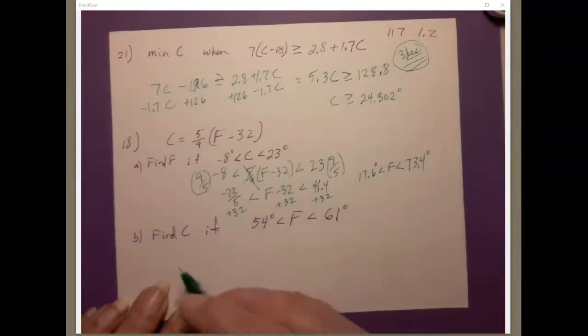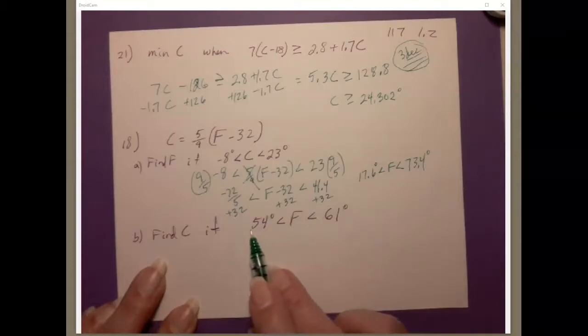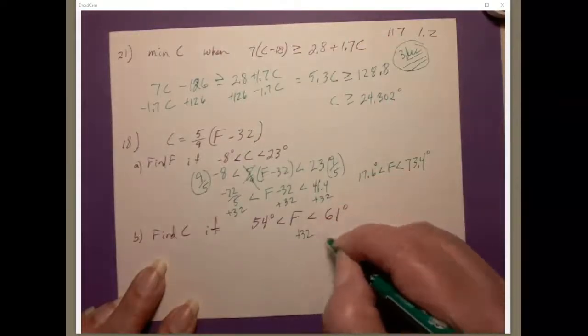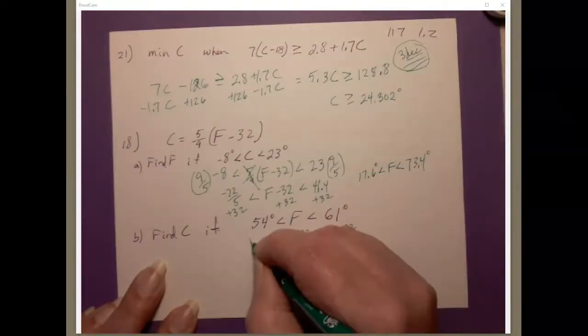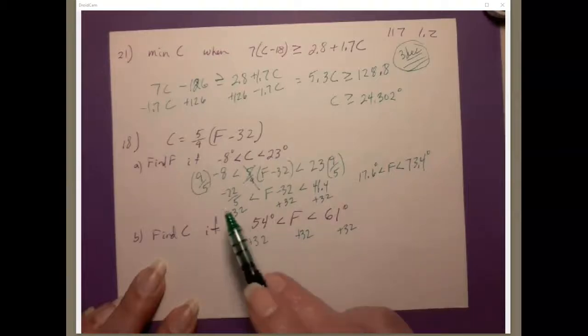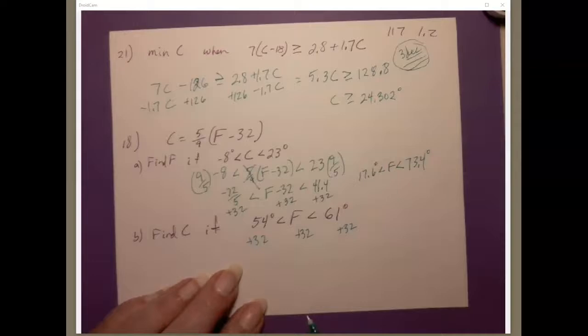Now to find C here, we actually need to get this back to what C is. So to change this to a Fahrenheit, the first thing I want to do is add 32. You actually could go to a converter. There's lots of converters for centigrade and Fahrenheit online, so you could convert these back and forth if you wanted to.